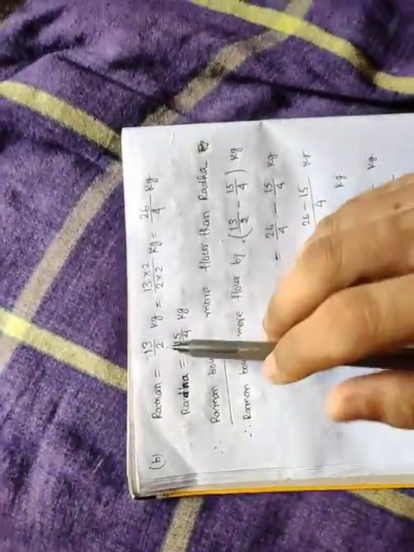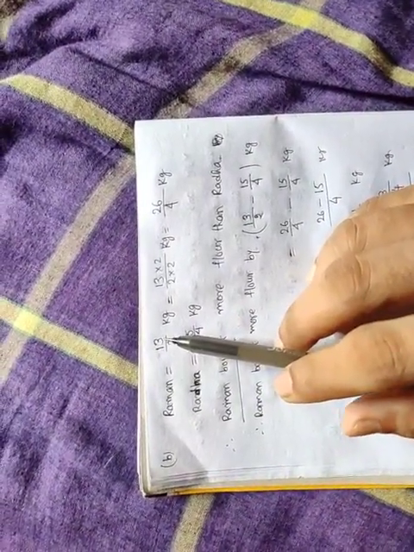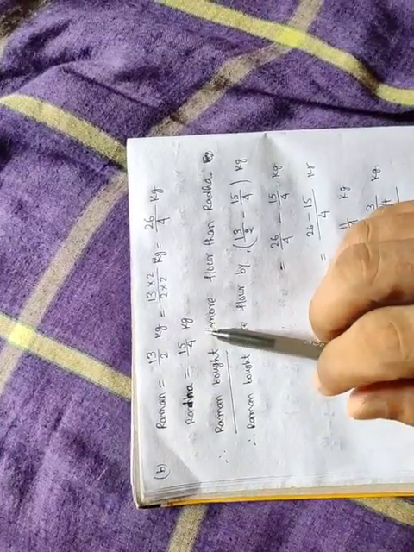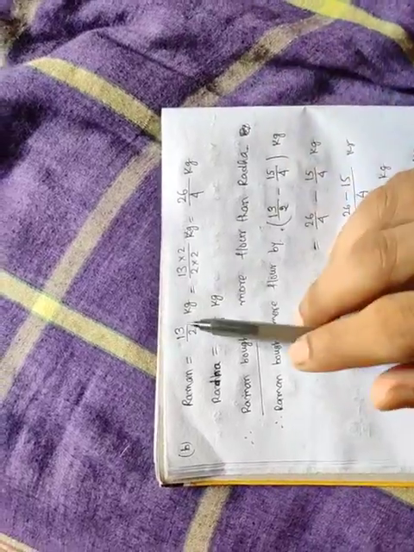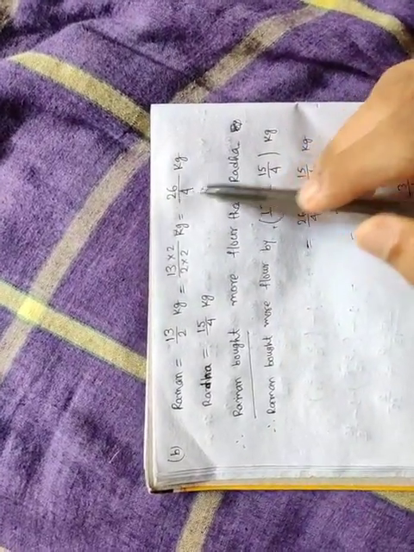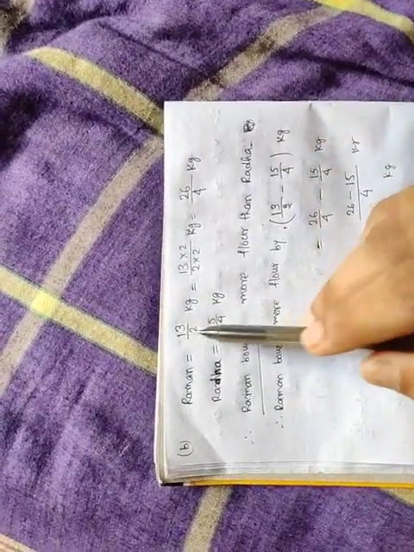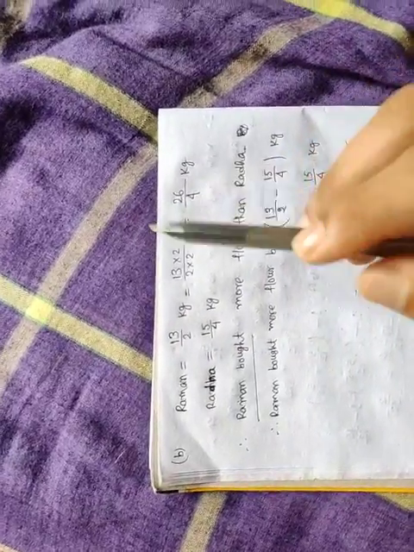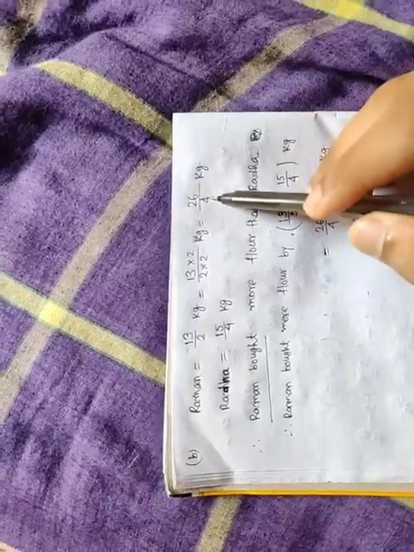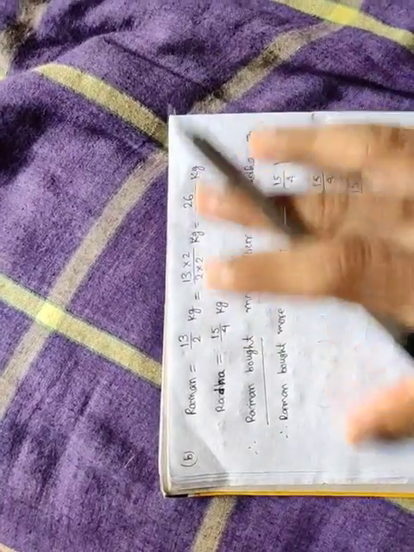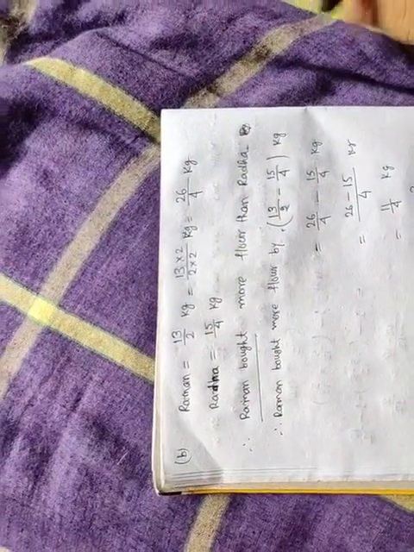So here see, I have converted Raman's quantity and Radha's quantity into like fractions. I got 26/4. 13/2 means 26/4. Like fractions means they are not different. 13/2 and 26/4, these two fractions are the same in value.